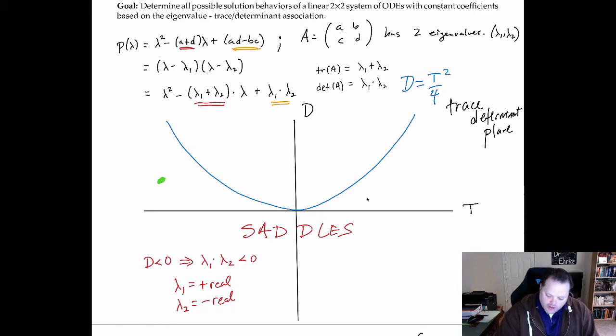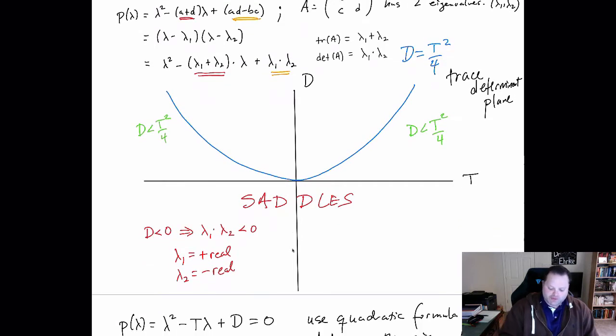So if you're in here, your determinant is less than t squared over 4, which is the same here. But it's bigger than 0. Now, the only difference between these two is that over here the trace is positive, but over here the trace is negative.